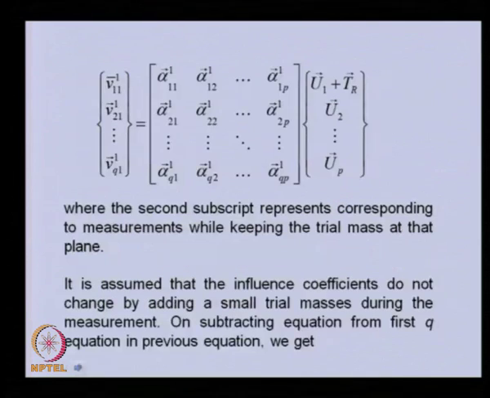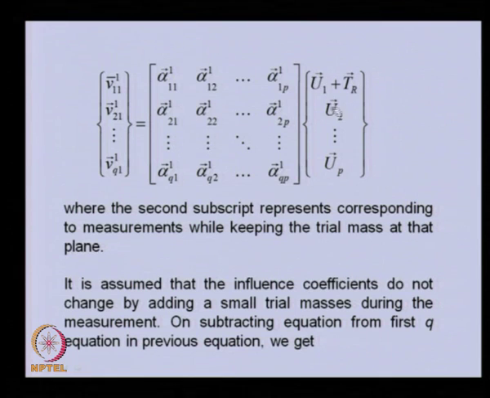So this is the equation of the previous, there is a relation in which we related the response with the unbalanced force and the influence coefficient. Only difference here is we are keeping an additional trial mass in the plane 1.